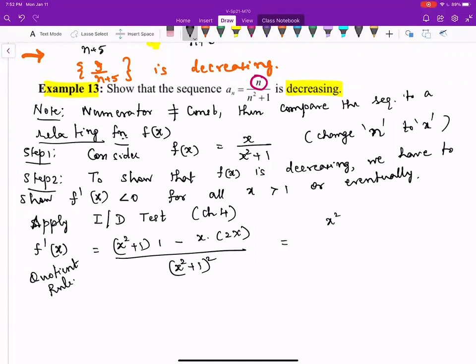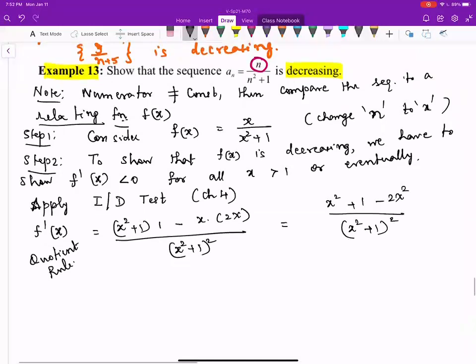So it is (x squared plus 1) minus 2x squared, divided by (x squared plus 1) the whole squared. If you simplify, it is 1 minus x squared divided by (x squared plus 1) the whole squared. This is f prime of x.